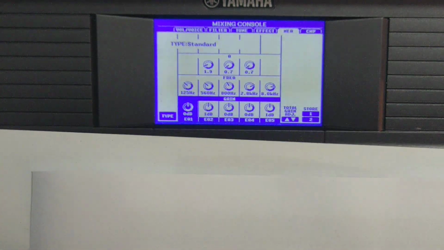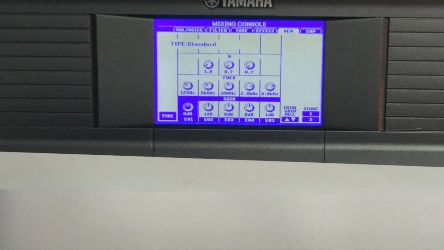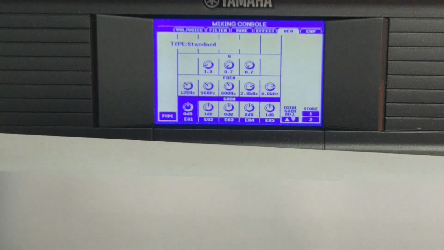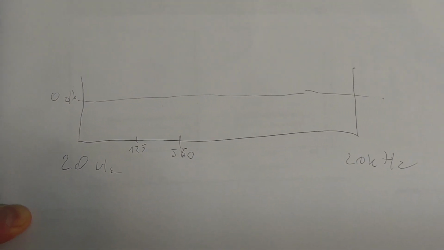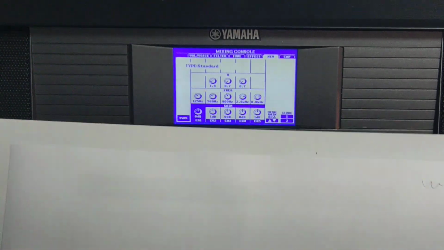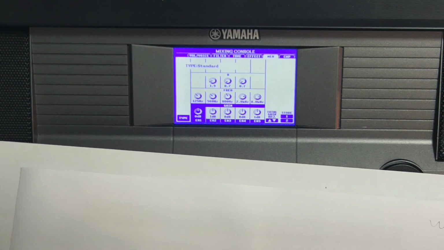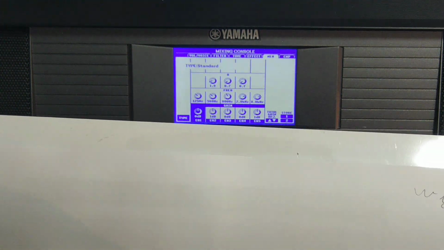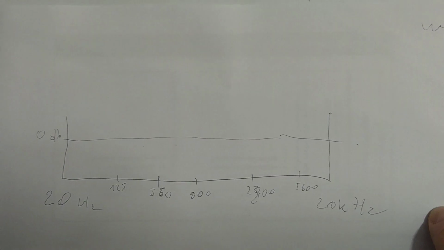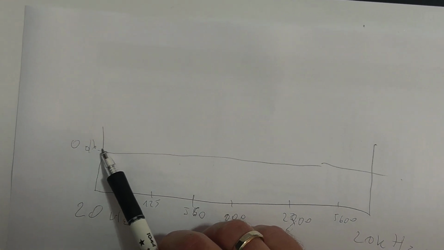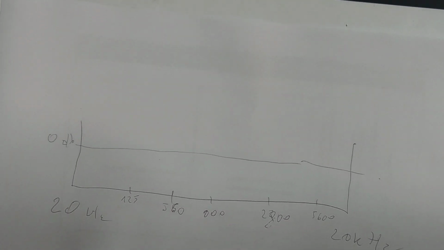And if you mark this, from here, 150, and 820, okay, this is how it looks now. So 0 dB for all the frequencies, which actually means do nothing with the sound.